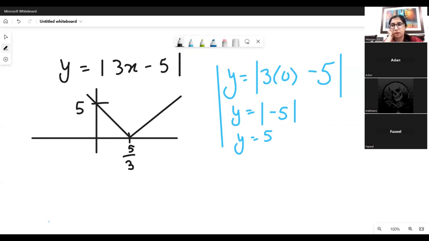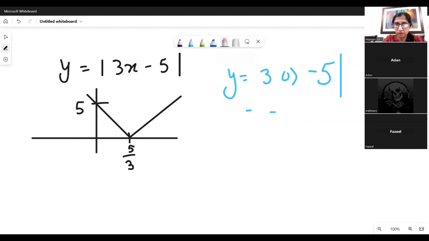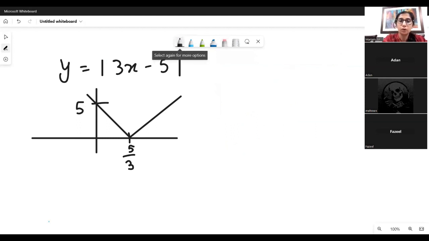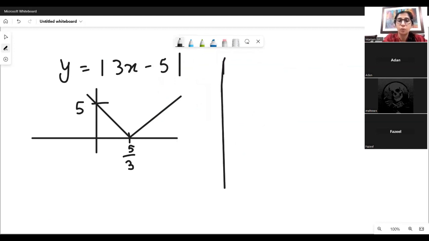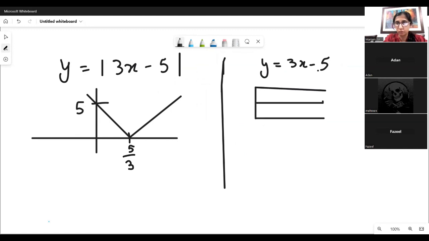This is what the sketch of the graph would look like. Some books or some teachers teach this differently as well, so let's go over that. What you do first is simply draw the graph of y equals 3x minus 5. As we did in O-levels, we use the table method for linear graphs. So x and y.